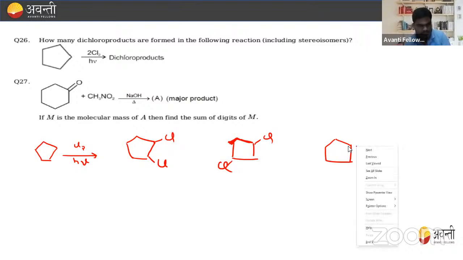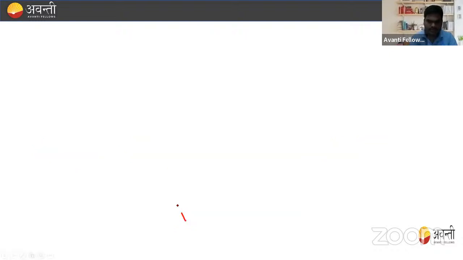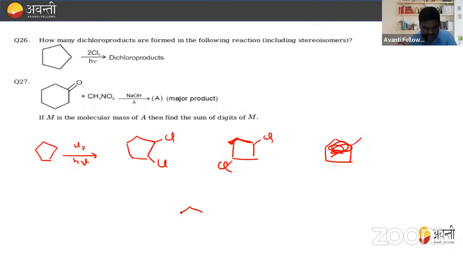So only two possibilities, right? The next possibility is like this way. Either you write this or write this one.